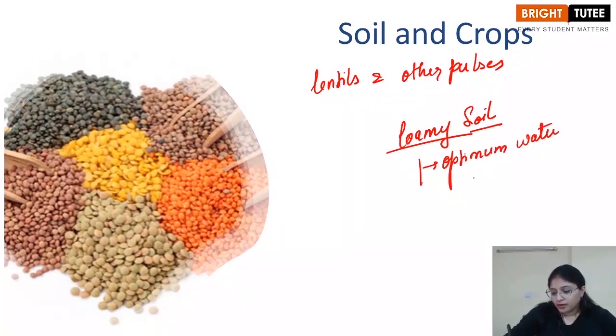Optimum water retention. That means, as we see in the clay soil, the water retention is quite high, but in the case of the loamy soil, the water retention is optimum and it drains rather quickly, but the moisture remains in the soil. This helps the growth of the lentils and it's the ideal condition for the growth.